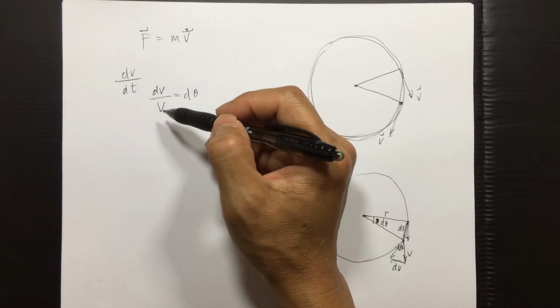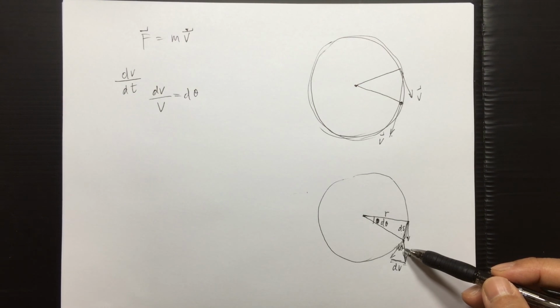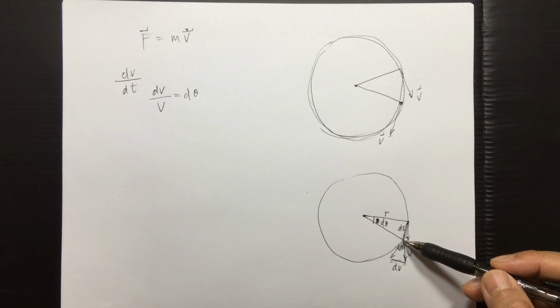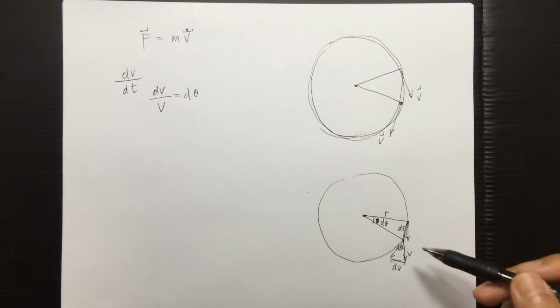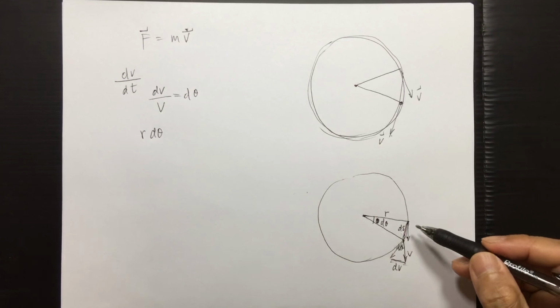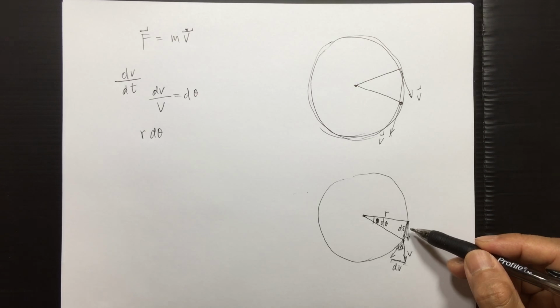So dv divided by v is d theta. D theta times r is this ds, so this divided by r.